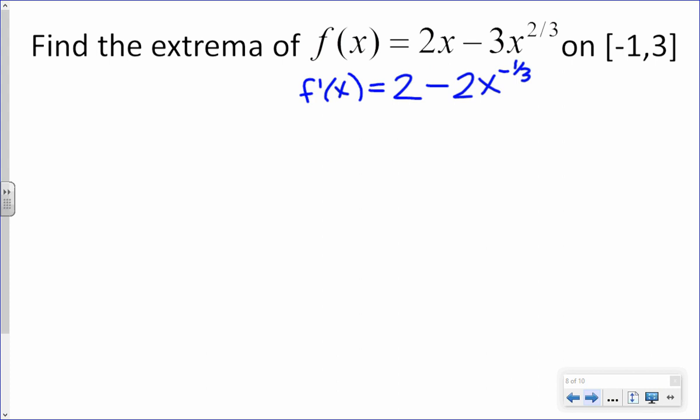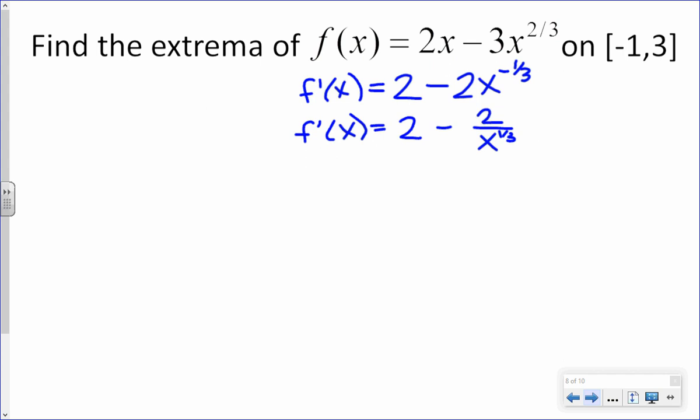Now, what you need to keep in mind is that all negative exponents mean that it's really in the denominator, right? So I really need you to rewrite those as positives. Why? Because when we look at where a derivative is undefined, we have to consider its denominator and where that is 0.